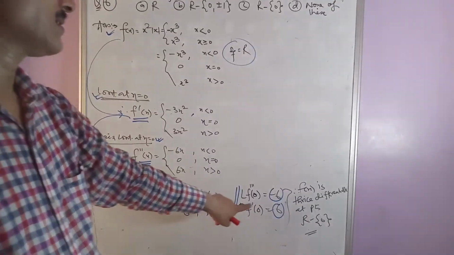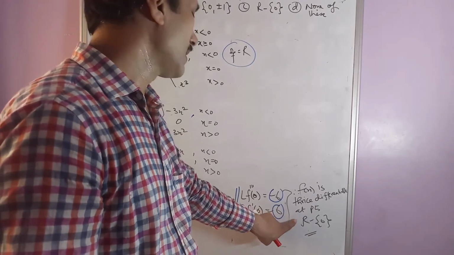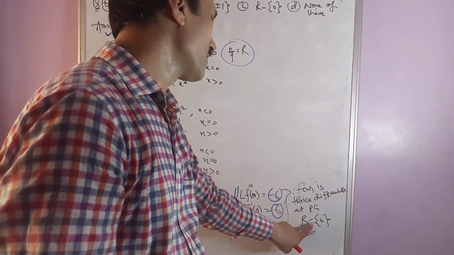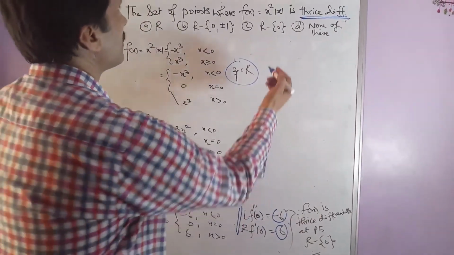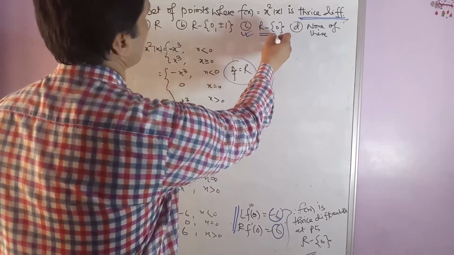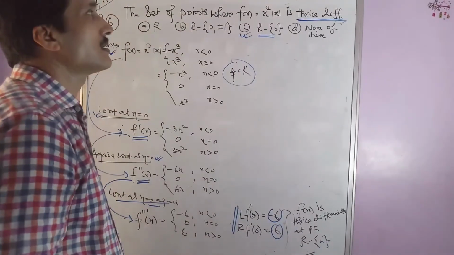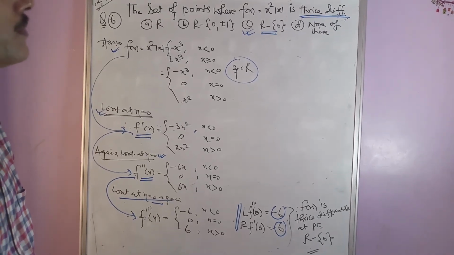The function is thrice differentiable at points in R except 0. So R minus 0. Our answer is the third option, C, except 0. The function is thrice differentiable at each point in the real number system except 0.